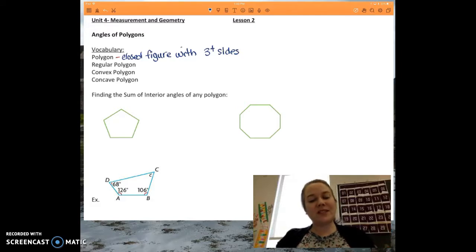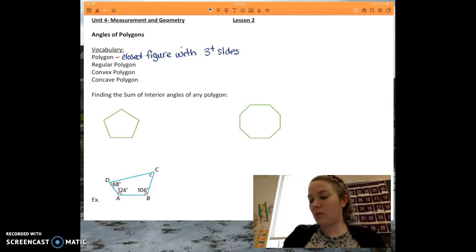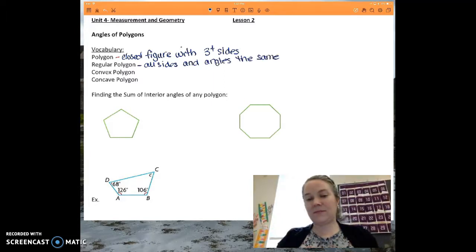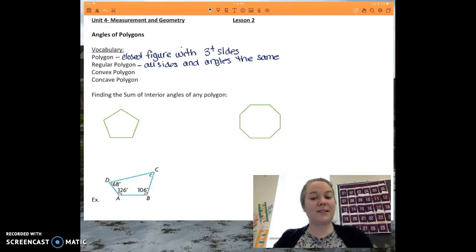Now, we have to make a distinction between a regular polygon and an irregular polygon. So a regular polygon has all sides and angles the same. So a really good example of a regular polygon is a square.